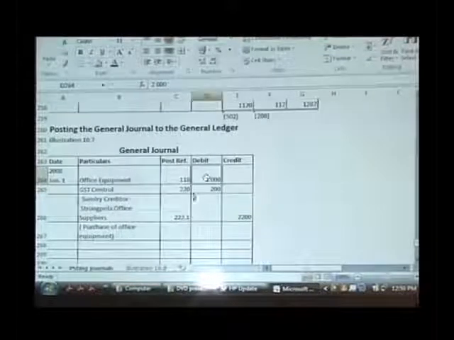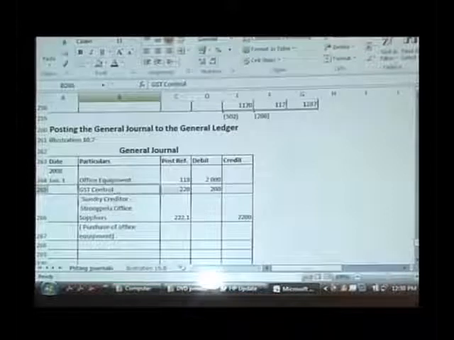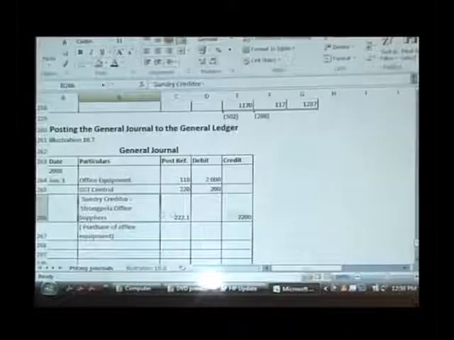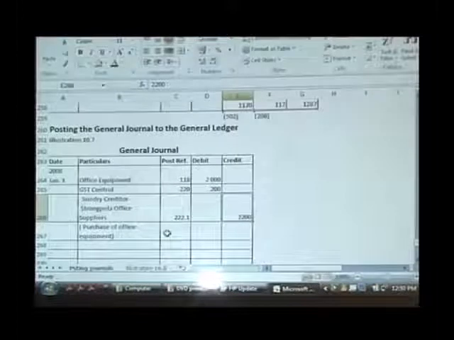Equipment cost 2,000 and GST payable 200, then altogether the invoice value is 2,200.